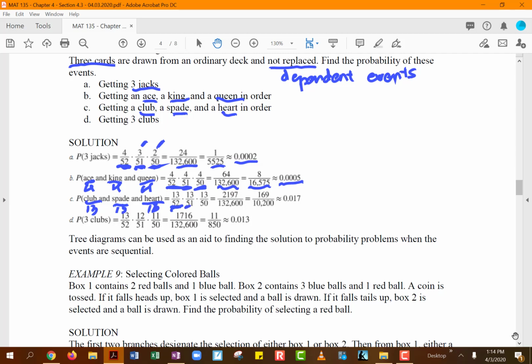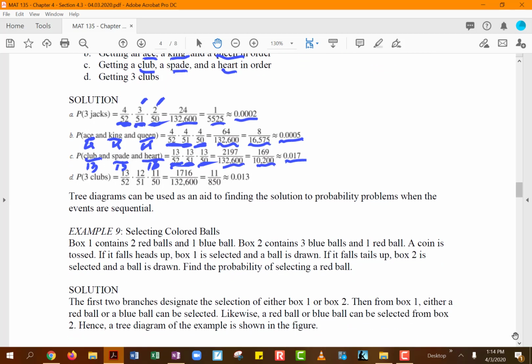So that's 13 spades out of now 51 total cards, and then 13 hearts out of a total of 50 cards, right? So this comes out to be 2197 over 132,600. Reducing that gives us 169 over 10,200, and that's a probability of 0.017. Okay, so again, pretty small.